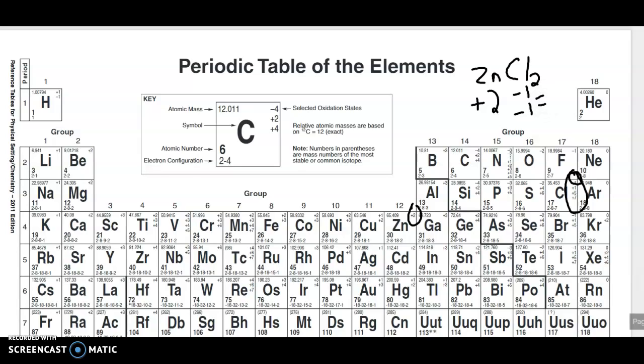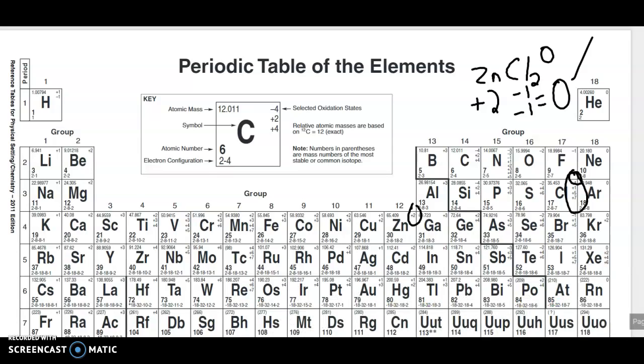So it would make most sense if zinc is +2 and each chlorine is -1, and overall it's neutral, so it equals 0. So while I can't be 100% certain that this is the case, because both of them could be other oxidation states, this is the one that makes the most sense. So this is probably their oxidation states.